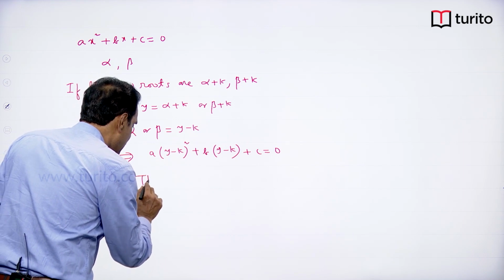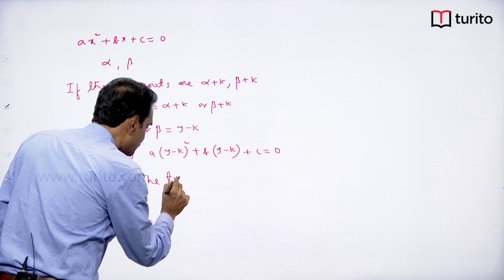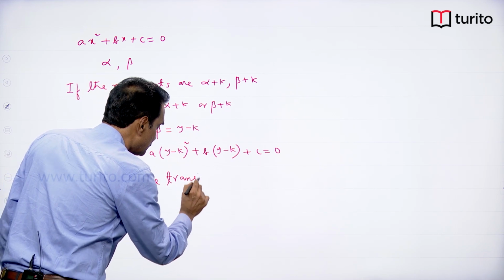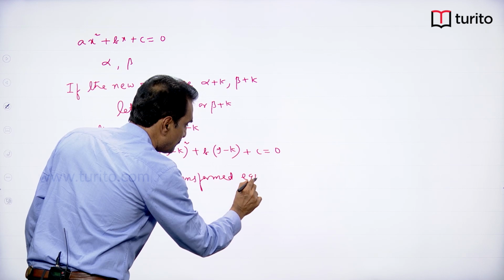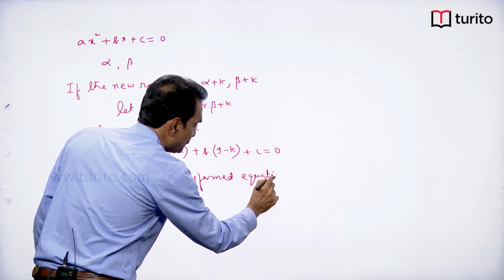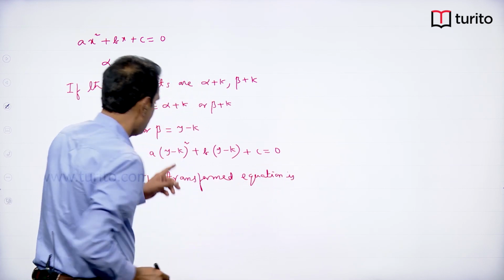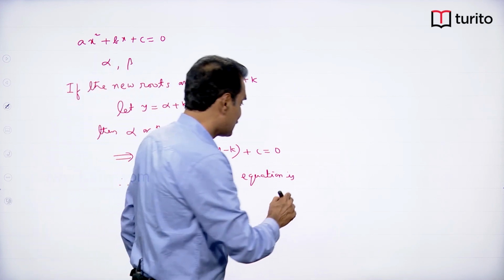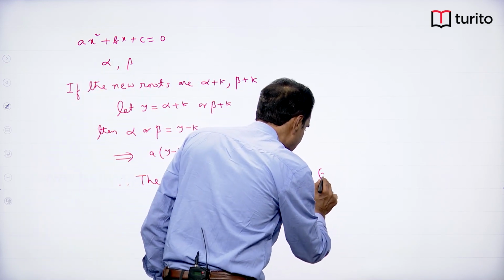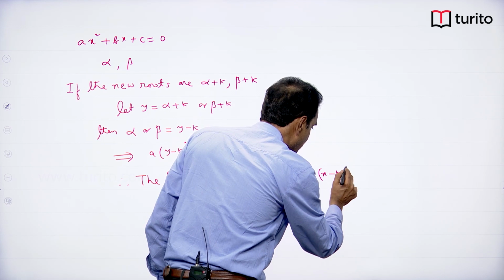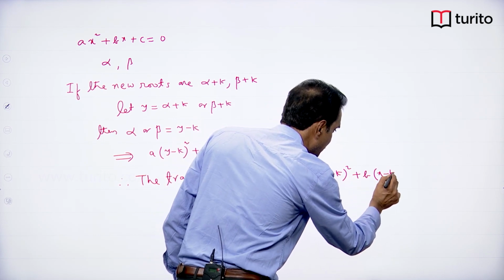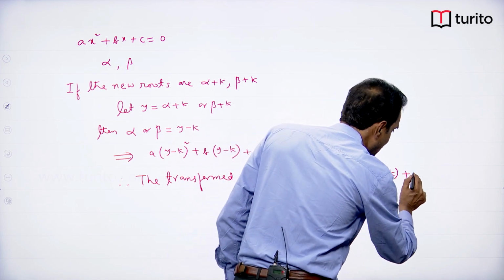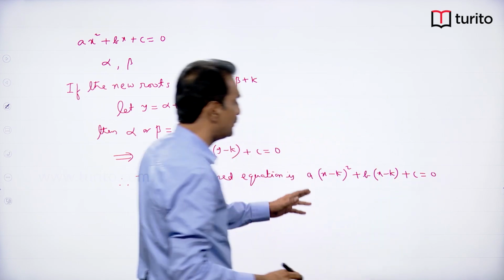the transformed equation is a into x minus k whole square plus b into x minus k plus c is equal to 0.